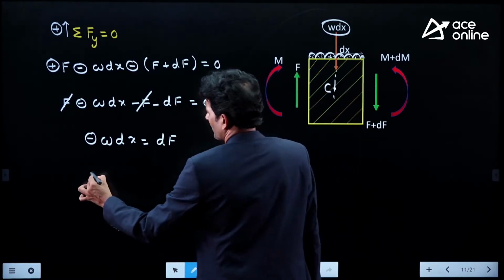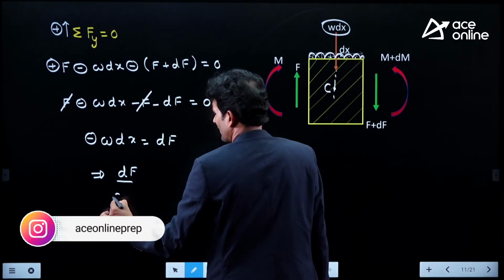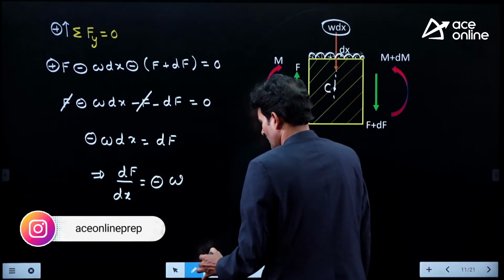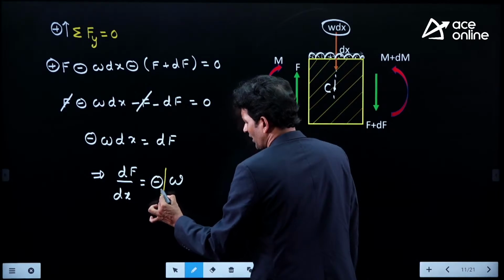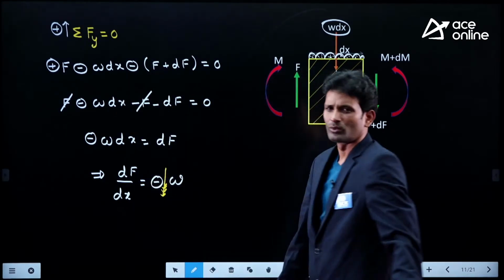Just I am rewriting this one. If I rewrite this relation, dF divided by dx should be equal to minus omega. Here the minus sign is related to the loading being in downward direction. As per our sign convention, your load is in downward direction.